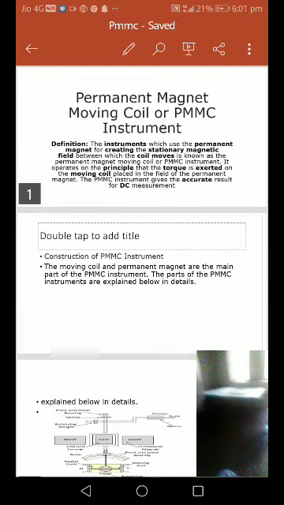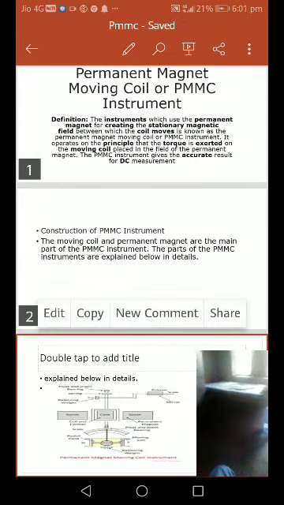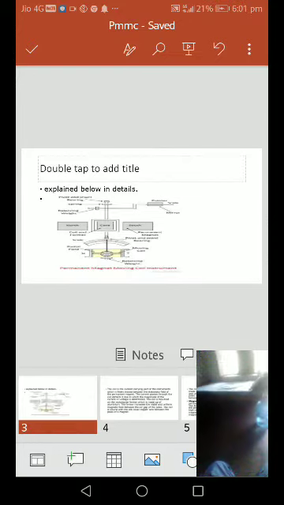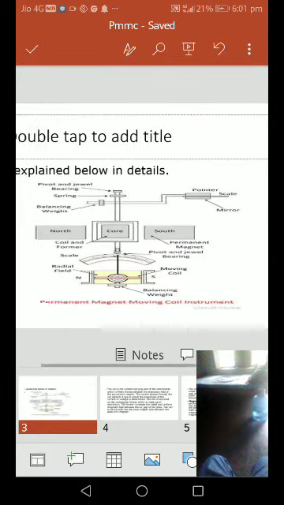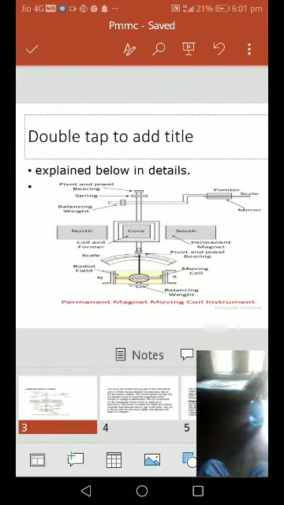The block diagram of the construction of PMMC is shown in the basic diagram. Here is the permanent magnet moving coil instrument.